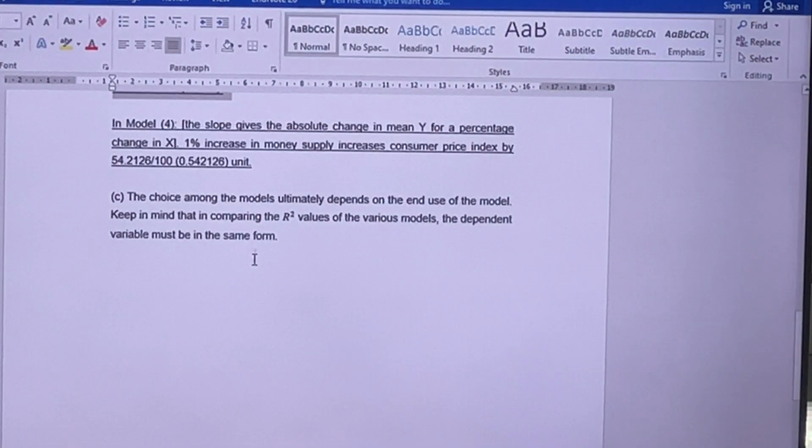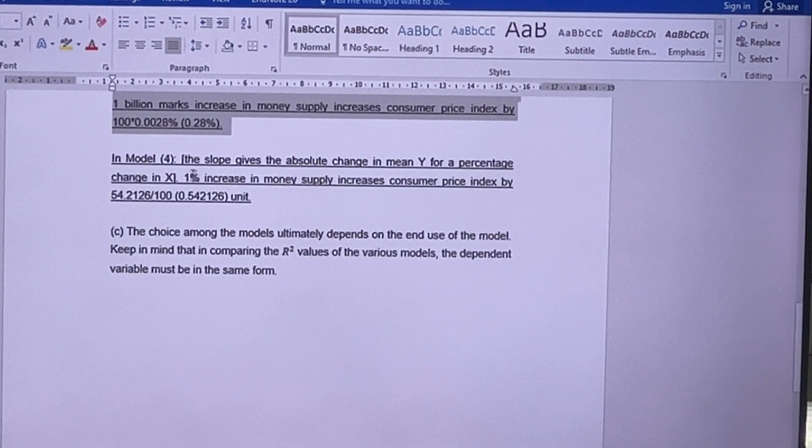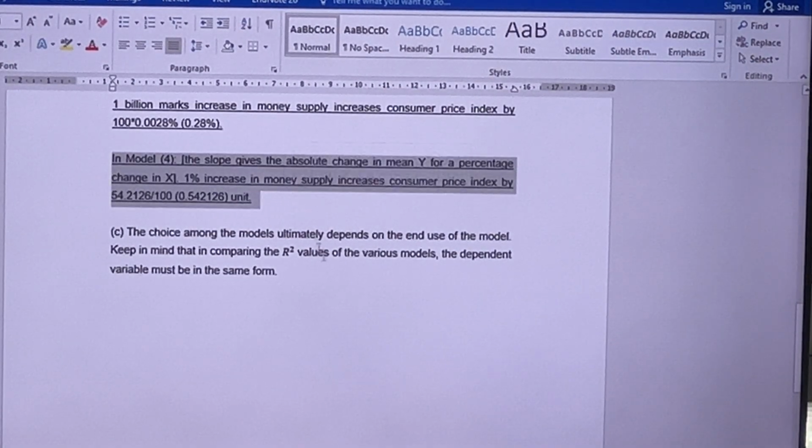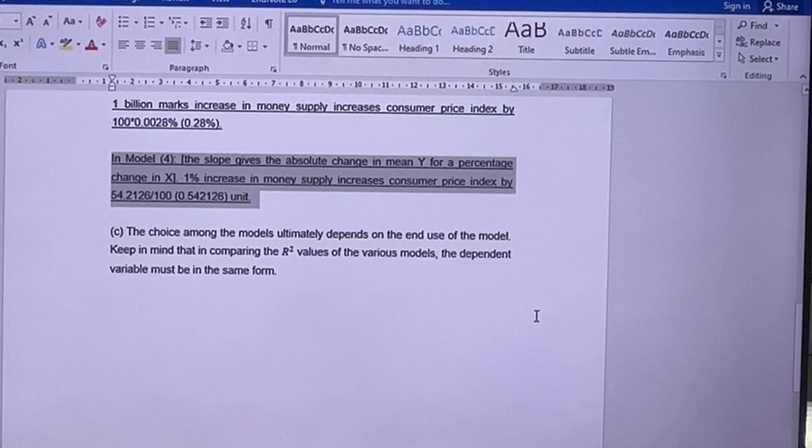So in terms of interpretation, in this case the slope for model 4, linear log, gives the absolute change in Y for a percentage change in X, but you have to divide by 100 first.